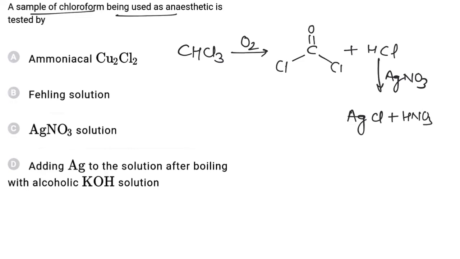So if a white precipitate of AgCl is formed, that confirms the presence of HCl and hence the presence of phosgene in chloroform. So the correct answer is C. Purity of chloroform can be checked by using AgNO3.